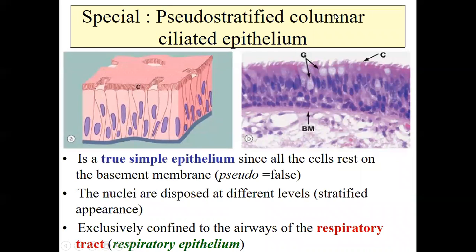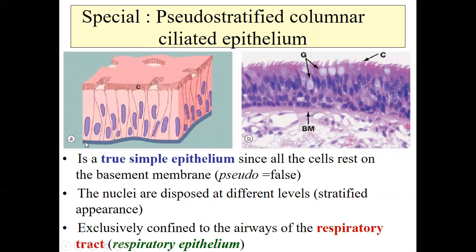For the pseudo-stratified columnar ciliated epithelium, this is a special epithelium. Actually, it is a true simple epithelium, meaning that it only has a single layer, one layer. Why does it have a single layer?